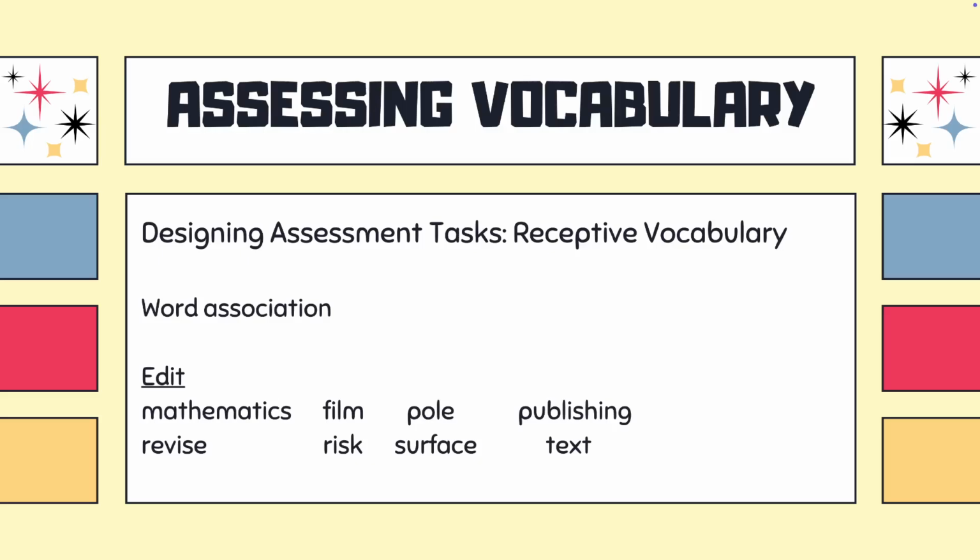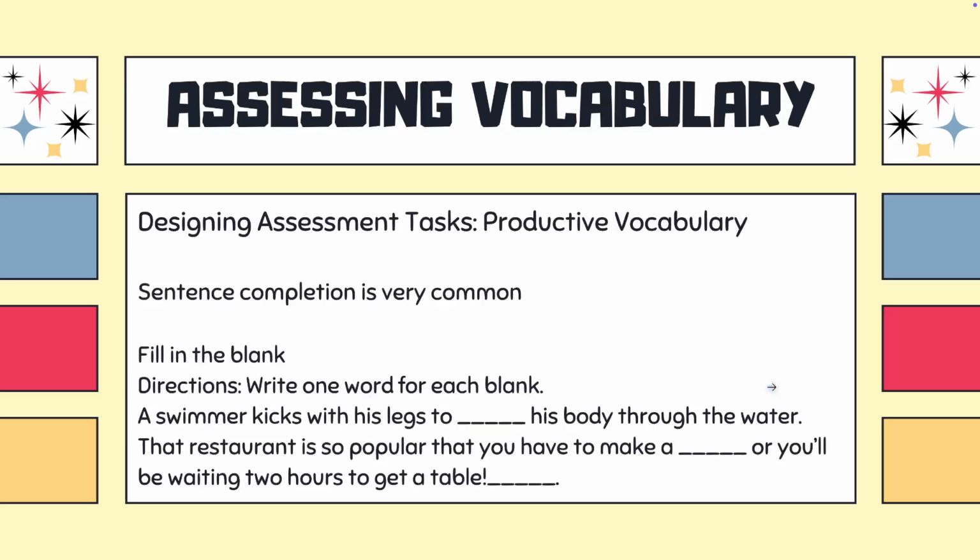But you can see there are a few words that could distract students, like publishing or text. These are maybe not mathematics, but definitely these two. Of course, the correct answer here is revise, but you can do things like this to see their knowledge of word association.